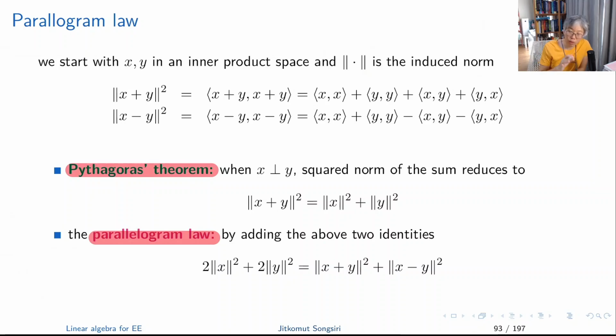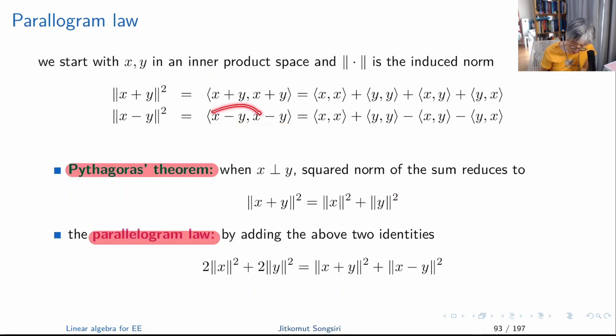So the result on this page not only applies to the vector space Rn, but to any inner product space. We start with the norm squared of x plus y, which is the inner product of x plus y with itself. You expand it: xx, yy, yx, xy. Now you compute the norm of x minus y, that is the inner product of x minus y with itself.